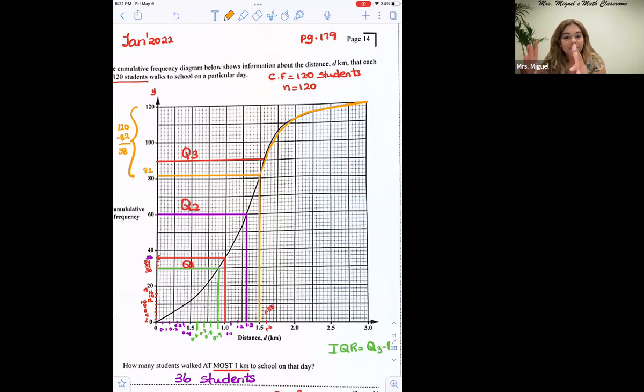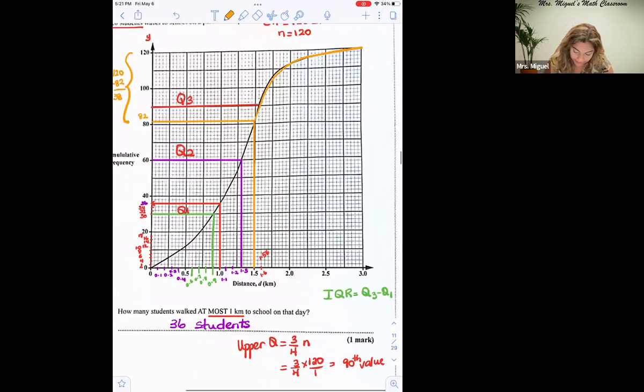So remember, the cumulative frequency is the total coming down. So if we have to find the number of students who walk more than 1.5, it is really this portion of the curve. So we're not concentrating on this because here this is 82. So if this part represents 82, this part will represent 38.